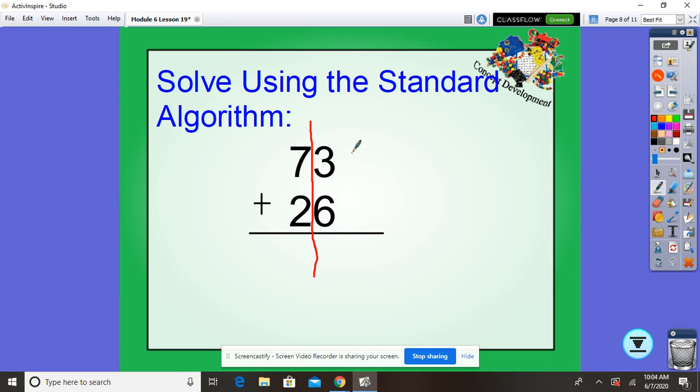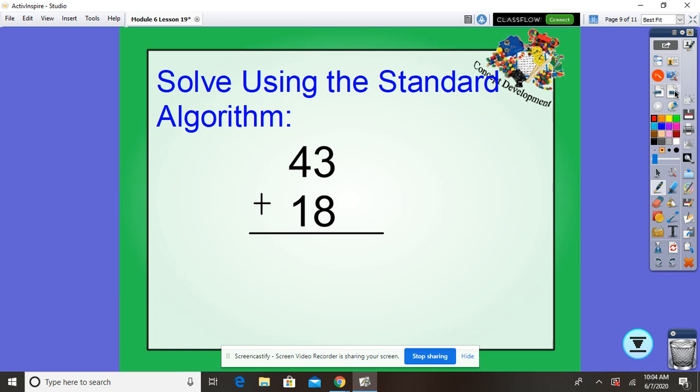So you're going to add your ones together, and 3 plus 6 is 9. And then 7 plus 2, or technically 70 plus 20, will give you 90. And your answer is 99. So that's a different strategy. So you're adding 3 plus 6, which is 9, 7 plus 2, which is 9. And it gives you 99.